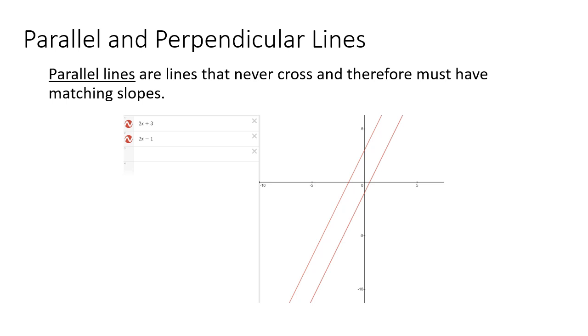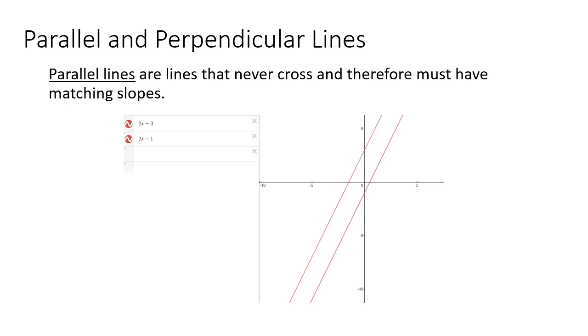For the remainder of the section, we're going to be talking about two special relationships between lines, and those are parallel and perpendicular lines. By definition, parallel lines are lines that never cross each other. They never intersect at all. That means if these lines are traveling in the same direction and never touching, infinitely far, they have to have the exact same steepness.